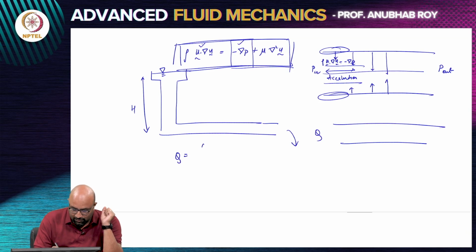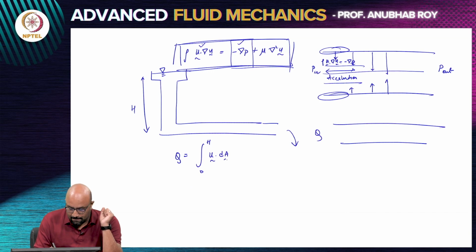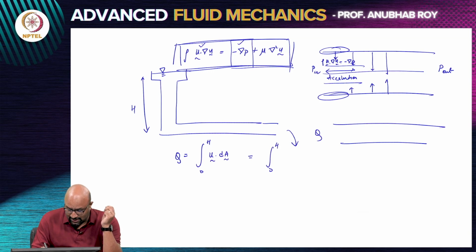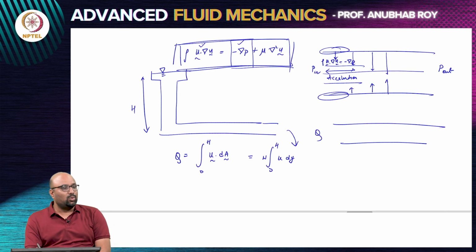So the flow rate would be the integral from 0 to h of u; the definition of the flow rate is u dot dA. Now here this is a unidirectional flow, so our life gets easier. That's the x component of the velocity, integrated over the cross section dy, and there is a width which I can take outside because I am considering this problem to be two dimensional.